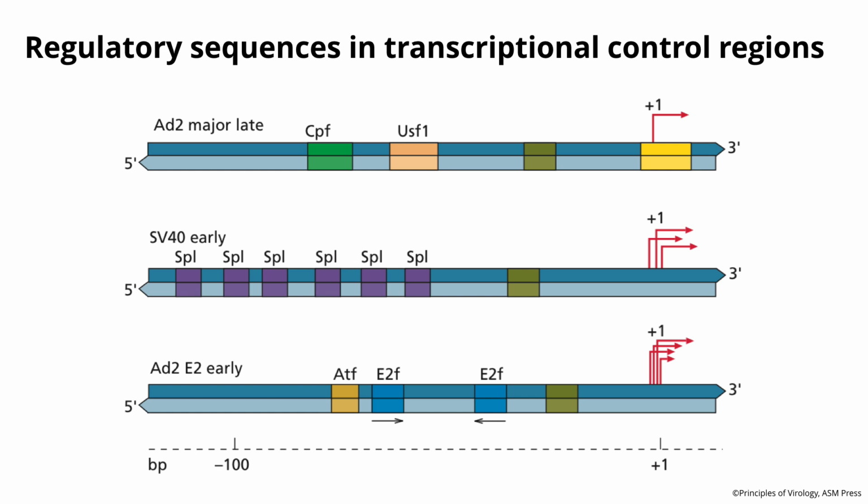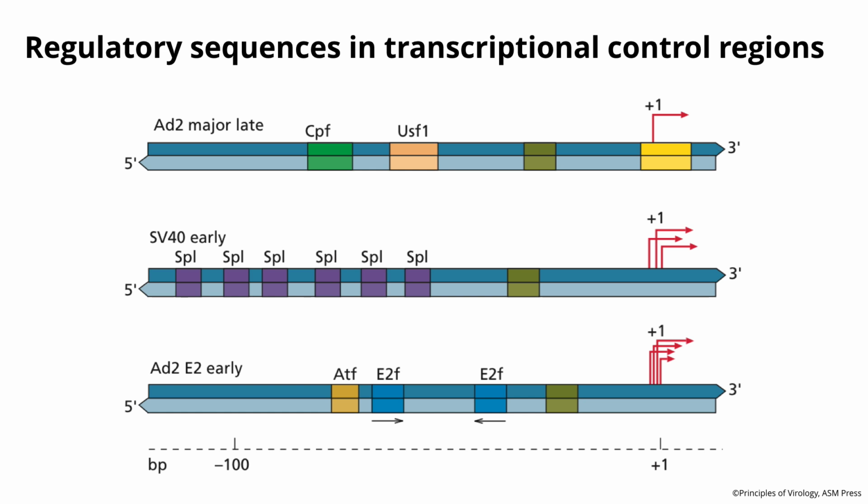So just as an example, I show you 3 different promoter regions from 3 different viral promoters. And they're all shown as double-stranded DNAs. At the top is an adenovirus promoter called the major late promoter. This is a promoter that is very active late in infection. And you can see on the right is the transcription initiation site shown in the red arrow.